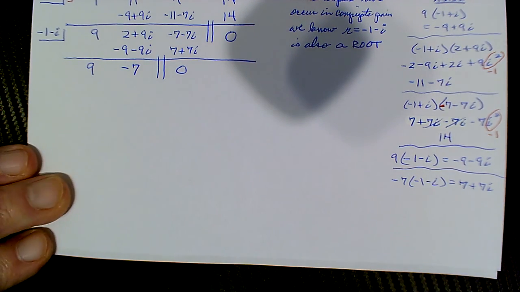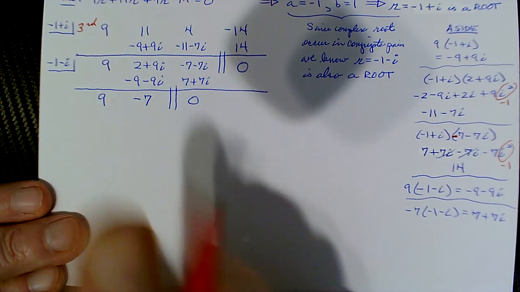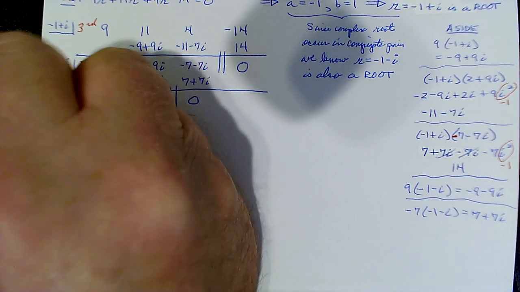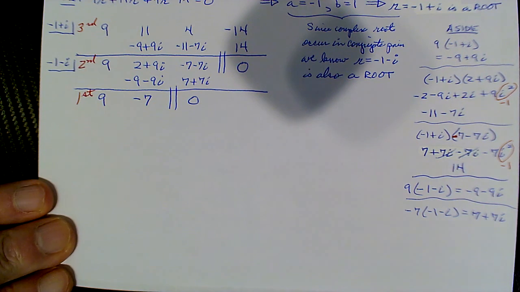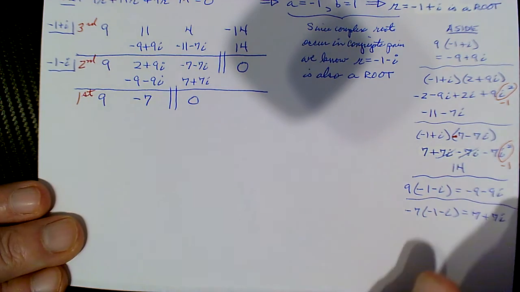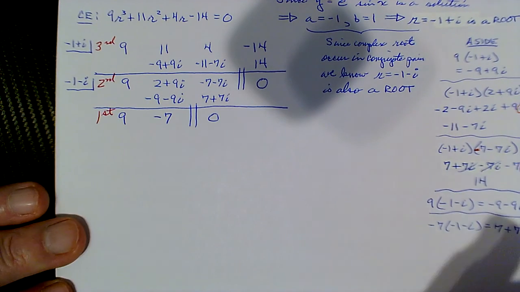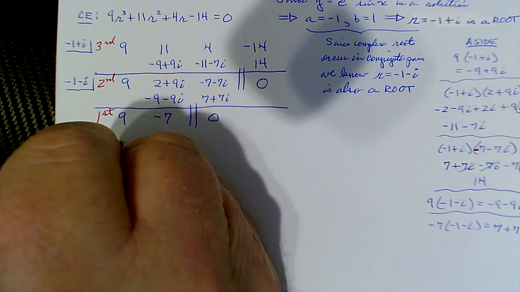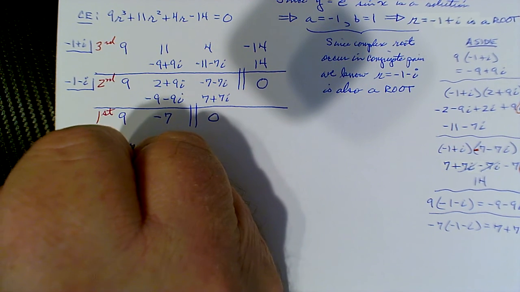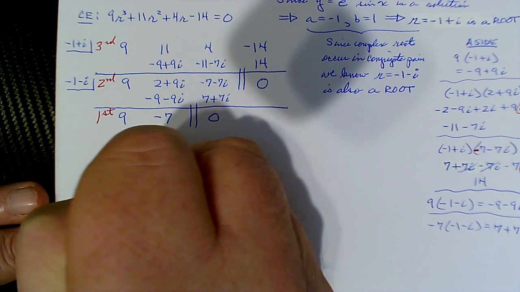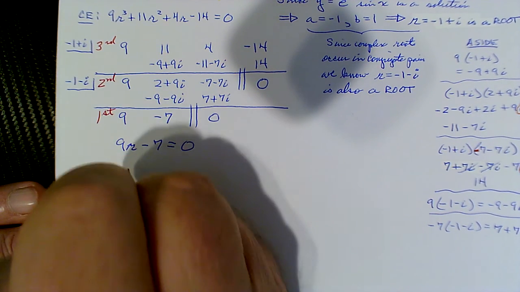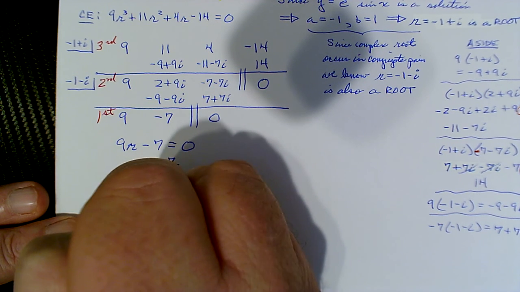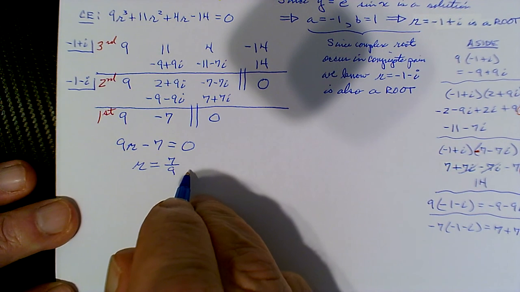So now, this is second degree. We depressed it again, so this is first degree. And I'm not going to bother listing the factors. You could if you wanted to. But this is basically saying that the remaining factor is 9r minus 7, that we'll set equal to 0. So therefore, r is 7/9 is also a root.